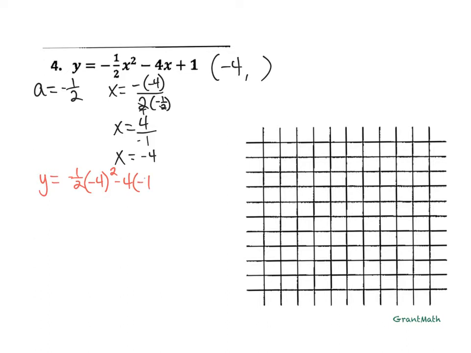Minus 4 times -4 plus 1. Okay, -1/2 times 16 plus 16 plus 1. So I'm just doing math, order of operations. Half of 16, -8.